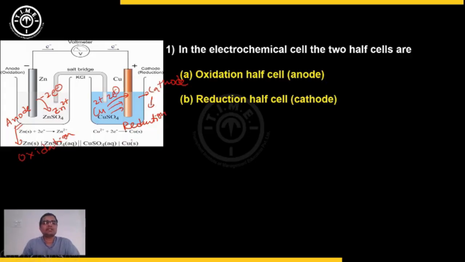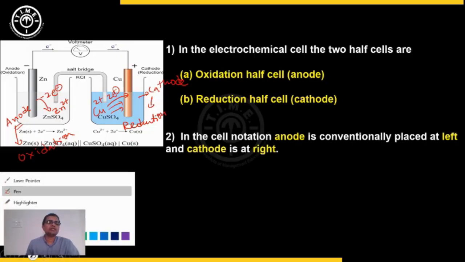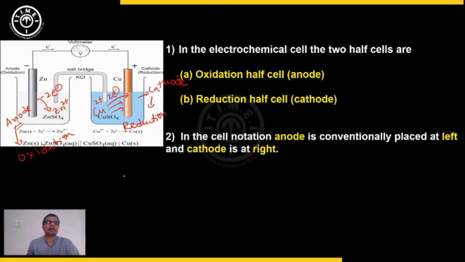In the cell notation of this electrochemical cell, the anode is conventionally placed at the left hand side and the cathode is placed at the right hand side.